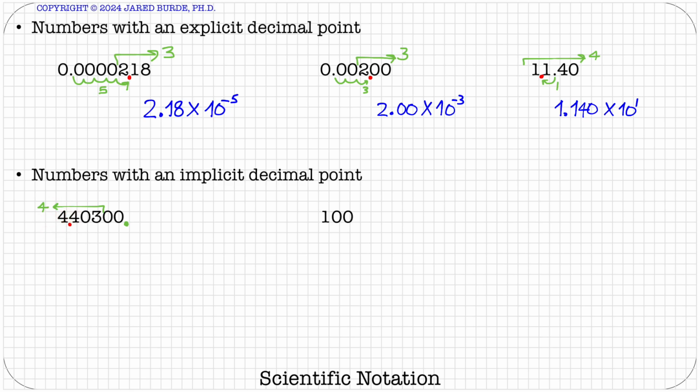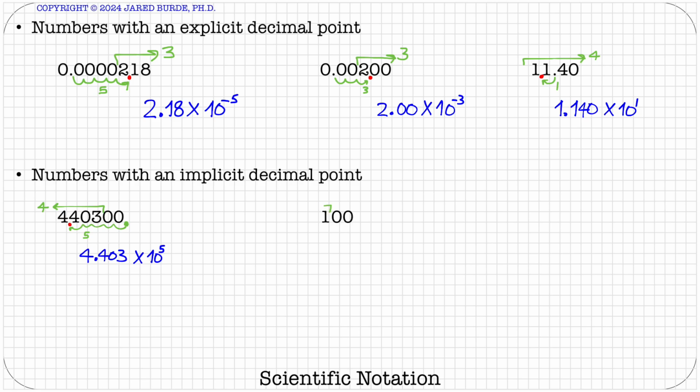And so I'm going to go from my implicit decimal point to where I want the decimal point to be. And I've moved 5 decimal places. I'm going to preserve my significant figures, and 5 decimal places is going to be 10 to the power of positive 5, since I'm moving from right to left in this case.